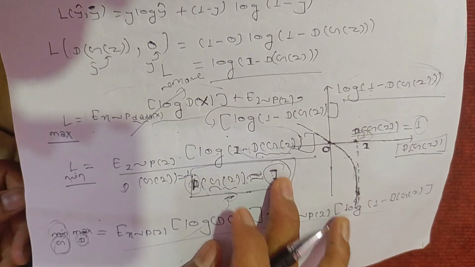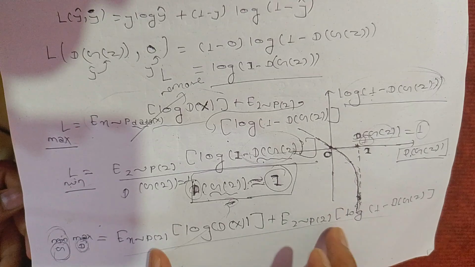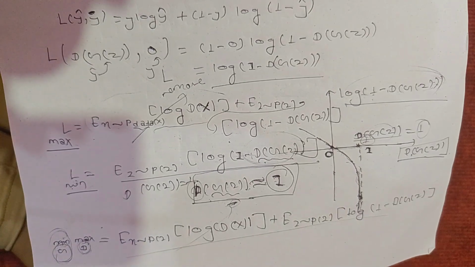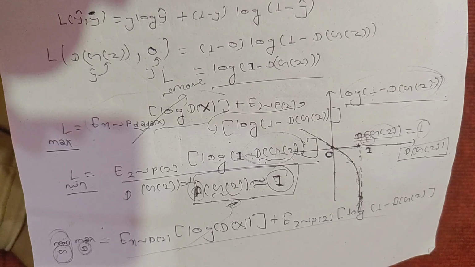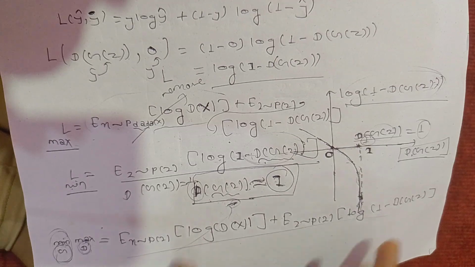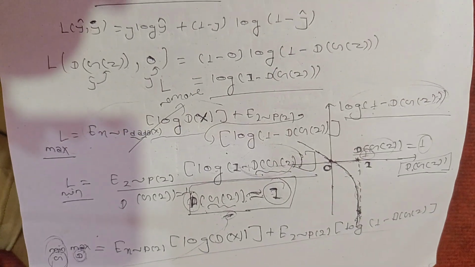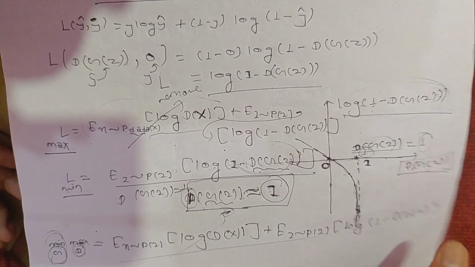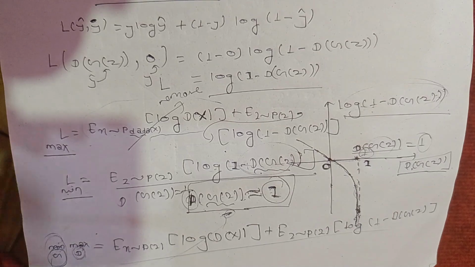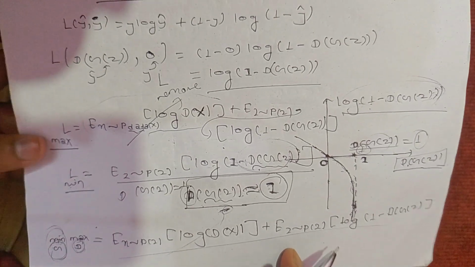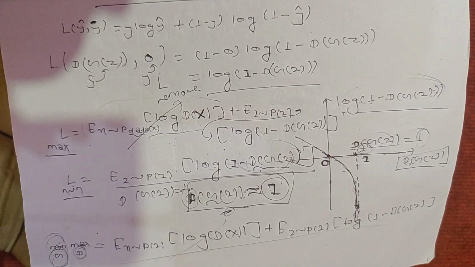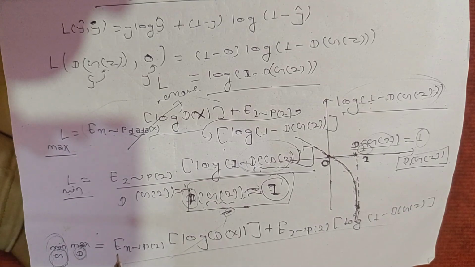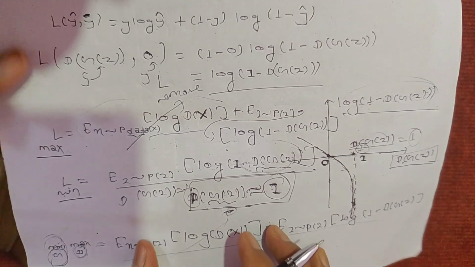So this is the min max loss, and we will move to the modified form of the min max loss, because for the generator we have to modify the generator loss. Before that, I want to tell you this objective again.